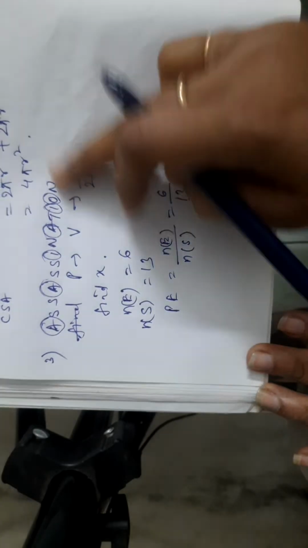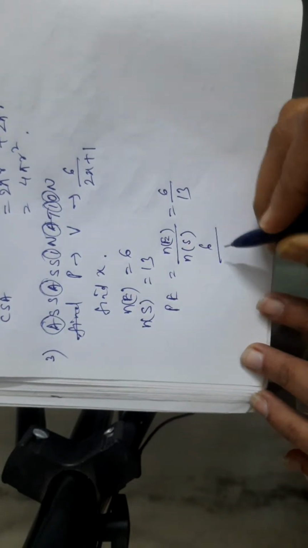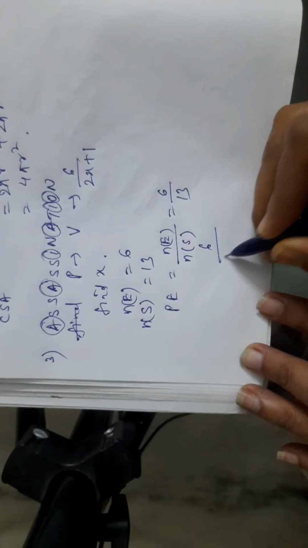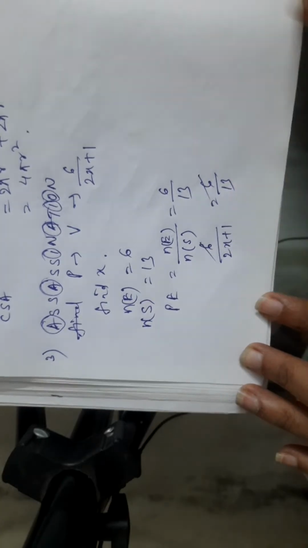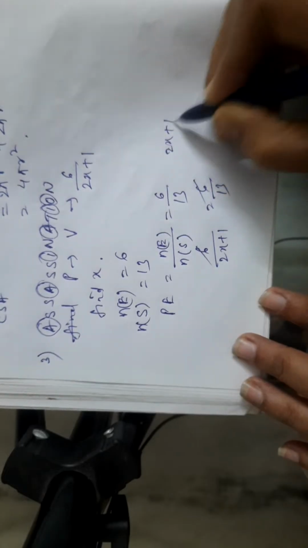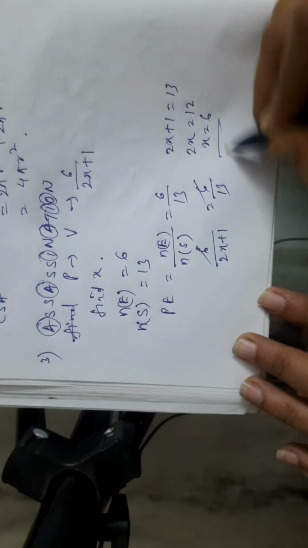So we'll compare the values. 6 upon 2x plus 1 is 6 upon 13, the 6 got cancelled. So 2x plus 1 is 13, 2x is 12, so x is 6. Very good.